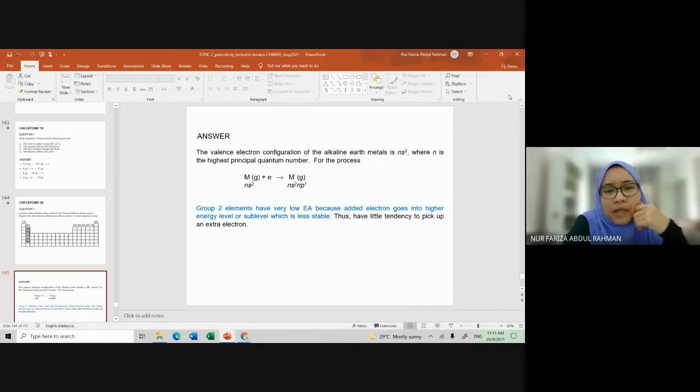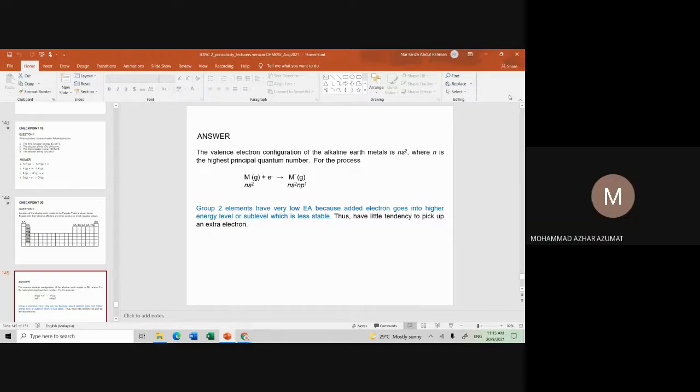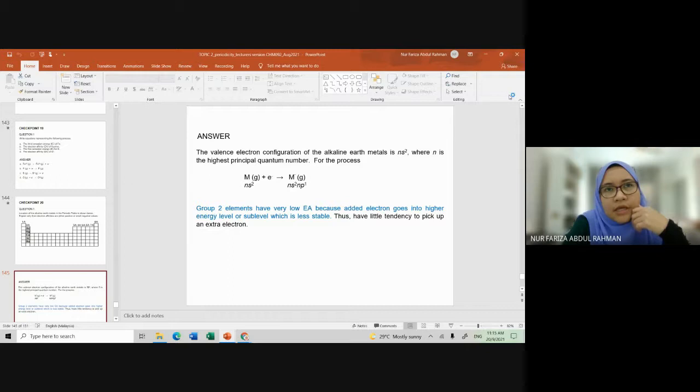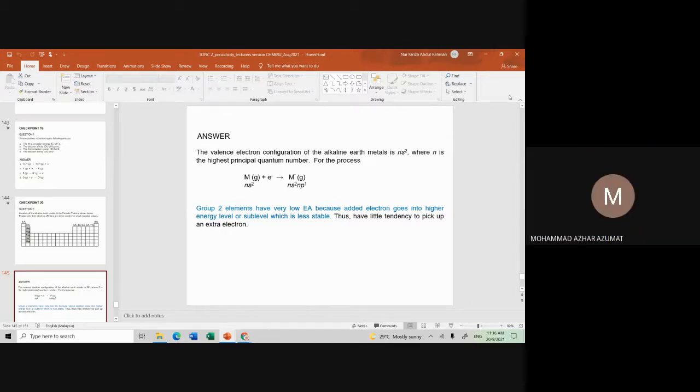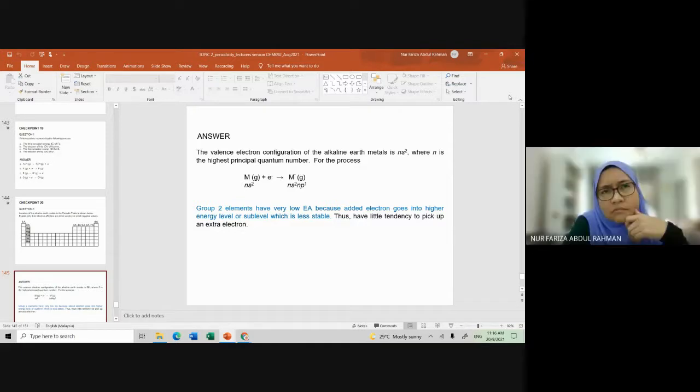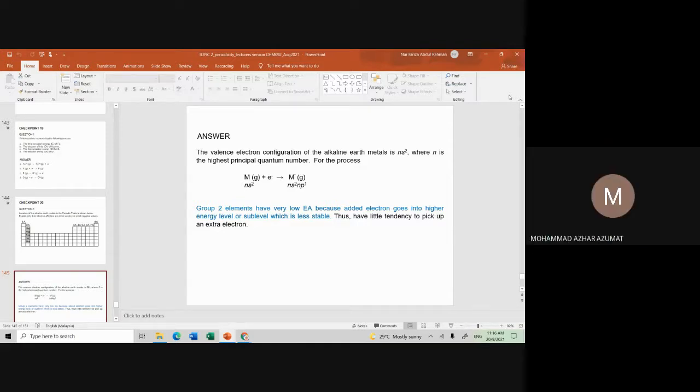Talking about alkaline earth ni. Kalau macam M tu sudah capai third electron affinity, jadi M-3, dia kan half filled sudah p orbital. Jadi maksudnya dia stable lah.